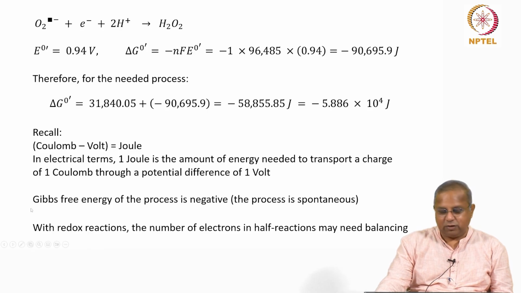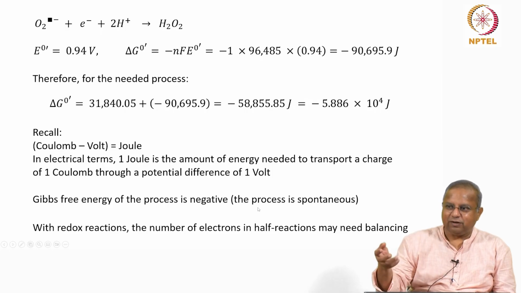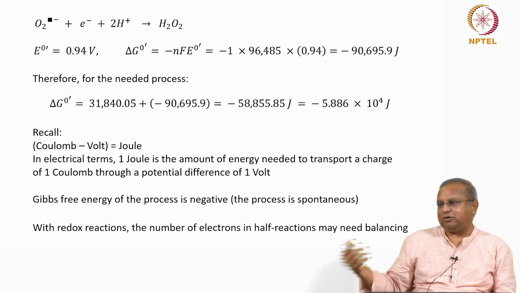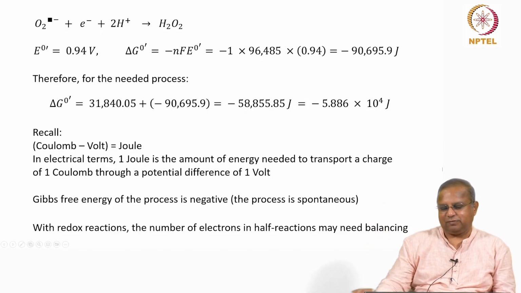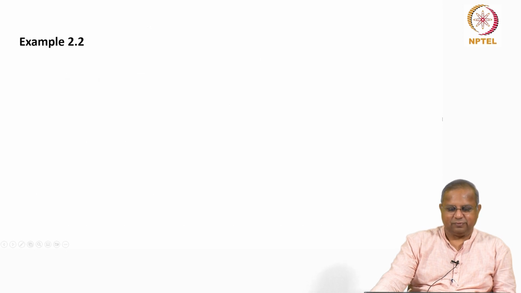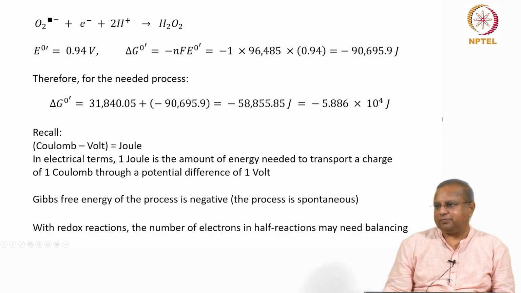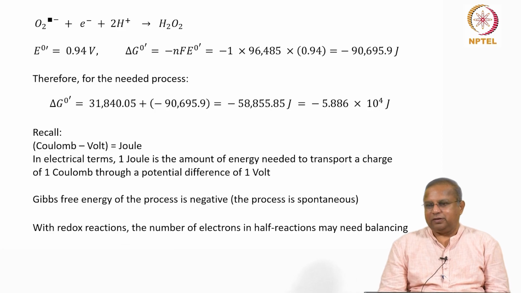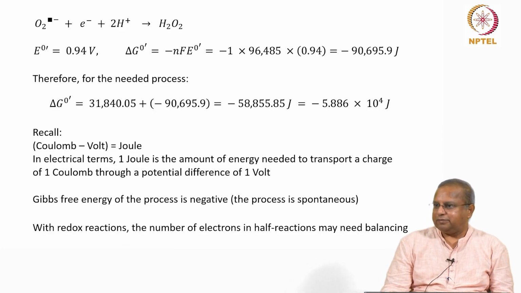And also note, with redox reactions, the number of electrons in half reactions may need balancing. Then you need to go back to that calculation first and then convert it into delta G. Any questions, comments?